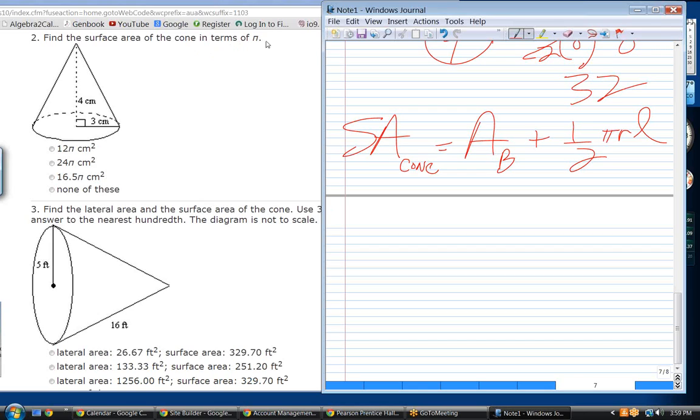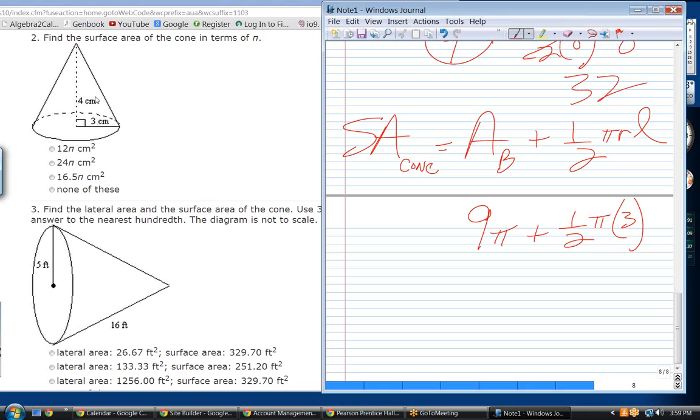They want the answer in terms of pi, so we're not going to convert it to 3.14 this time. So 3 squared is 9 pi, plus half of pi r, so half of 3. No, it would be half of 9, wouldn't it? No, the radius is 3.